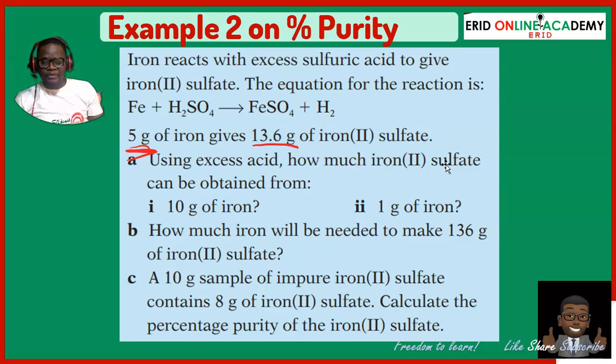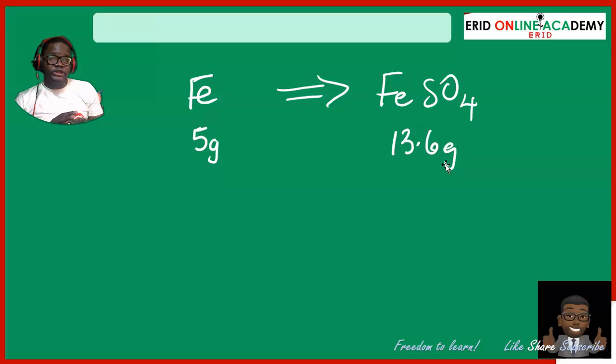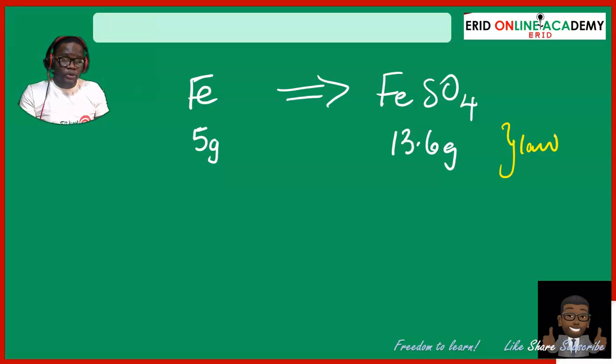So each time 5 gram of iron is utilized, it's going to produce 13.6 gram of iron 2 sulfate. That seems like a law that guides this reaction. So we are going to capitalize on this law, like a ratio, to find the product that will be formed when a certain quantity of iron is utilized.